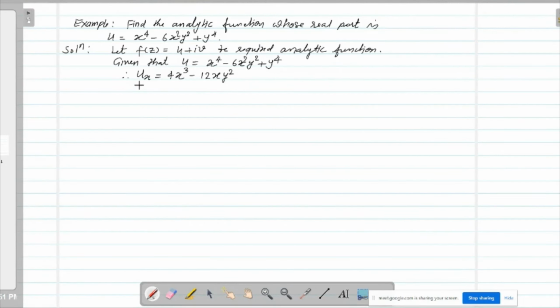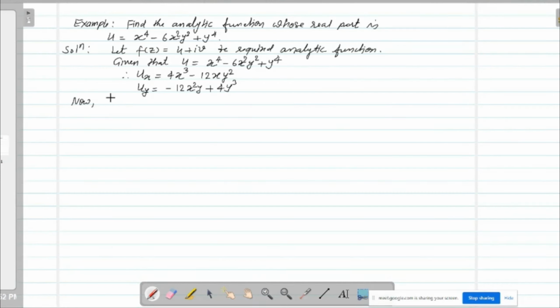Now differentiate u partially with respect to y. So x is constant. So we will have minus 12 x square y plus 4y cube.